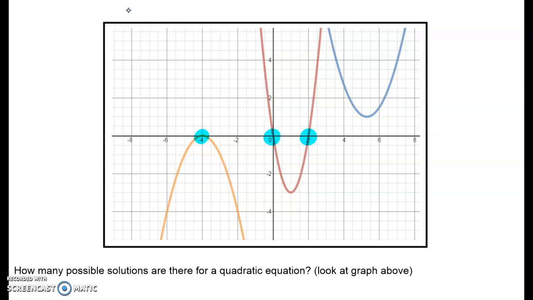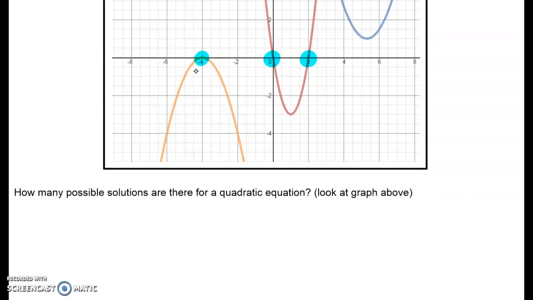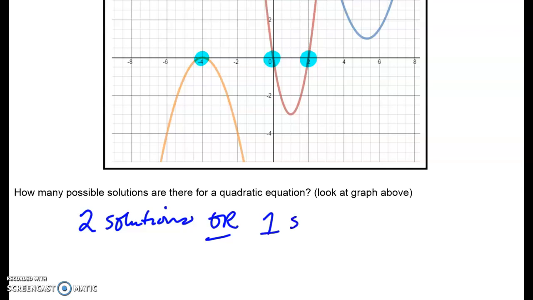So, to answer the bottom question then, how many possible solutions are there for a quadratic equation? Well, there's a possible 2 solutions, or a possible 1 solution, or a possible 0 solutions. I'll use the abbreviation there to make it fit.